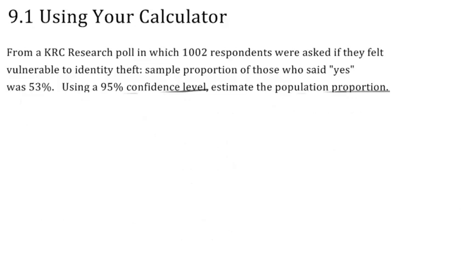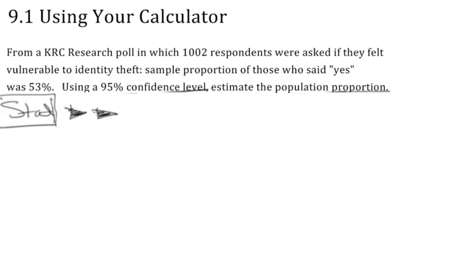So now we have a whole new menu that we need to go to. We're going back to, happily, Stat. That's our first favorite button ever. Sorry, it's actually just Stat is what the button is called here. And in the Stat menu, we're going to go over to Tests.